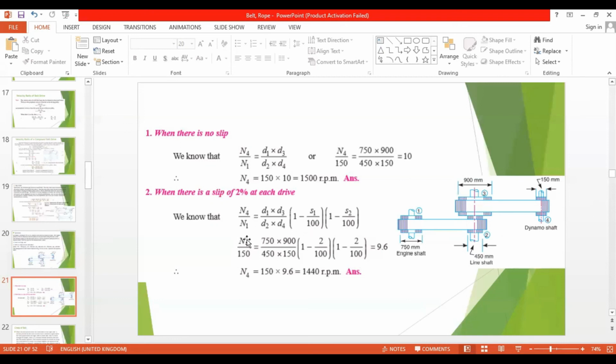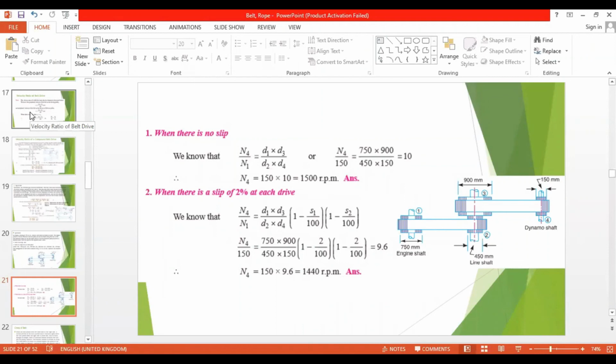Now we have all these things. N4 is the question, N1 is given as 150 RPM, and D1 is 750, D2 is 450, D3 is 900, and D4 is 150, into 1 minus the slip, which was given as 2% at each pulley.